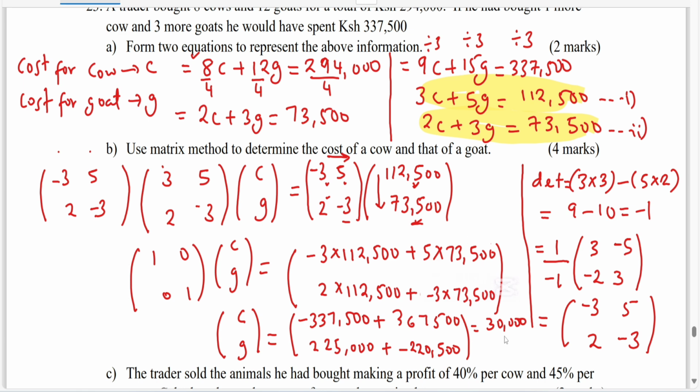So hapa itakupa 4,500. So that's your answers. Those are two answers. So let me just write here. So the cow price yake itakupa 30,000 na price ya goats hapa ni 4,500.